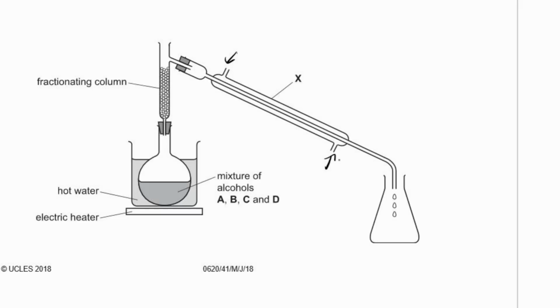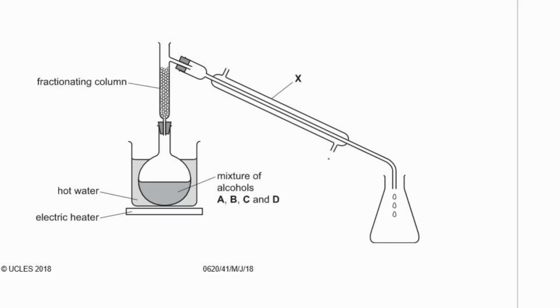Now, which one should it be? If it enters at the top, it starts off cold and slowly gets warmer as it goes down. If it goes in at the bottom, it's really cold at the very bottom and might get slightly warmer as it goes up. But just when the alcohol is about to leave through the end, it's going to be at its coldest.